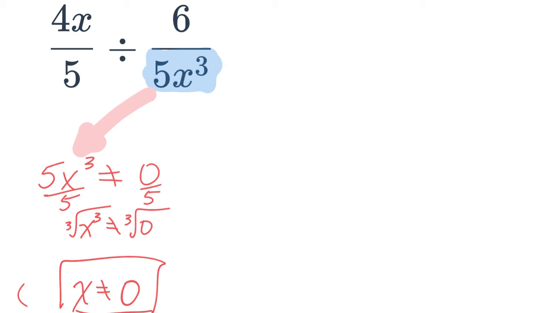So I kind of alluded to what we're going to do next. We never want to divide rational expressions. What we're going to do instead is little phrase you've probably heard back in Algebra 1, if not sooner, is we are going to keep, change, flip. So when we say keep, what we're talking about is keeping the first expression exactly the way it was.